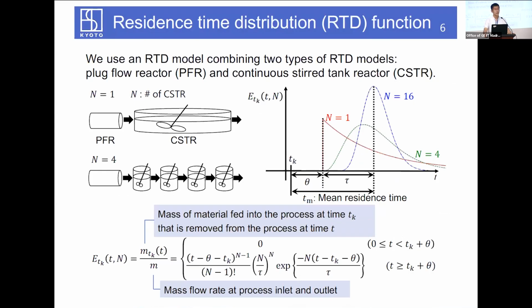M is the mass flow rate at process inlet and outlet, and m_tk,t is the mass of material fed into the process at time tk that is removed from the process at time t. The RTD function is monotonically decreasing when n equals 1, and convex upward when n is 2 or more.